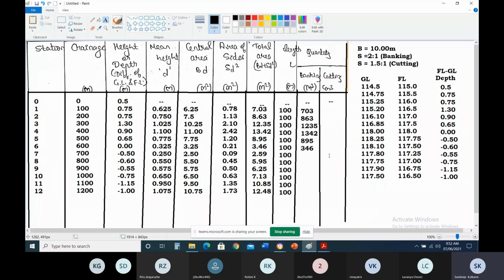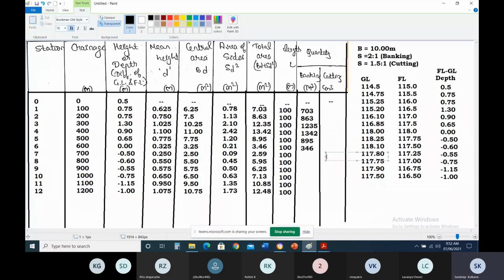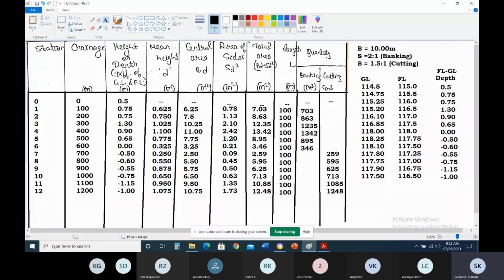Now whatever quantity values I get, I'll write in the cutting column, because the depth values are in minus. So 2.59 into 100, that is 259. Then 5.95 into 100, 595, 625, then 713, then 1085, then 1248. This was the quantity we got.